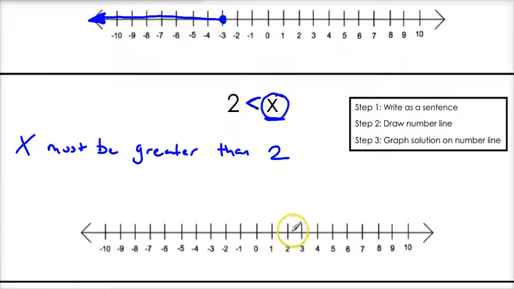This is an open circle because it doesn't have the equal to sign. It's greater than, so it goes this direction. And blam. Does this make sense? It's always good to test your answers. If I had 6 for x, let's just pick a number on this number line. Let's put 6 in. Is 6 greater than 2? Yes, we know we're doing the right thing.